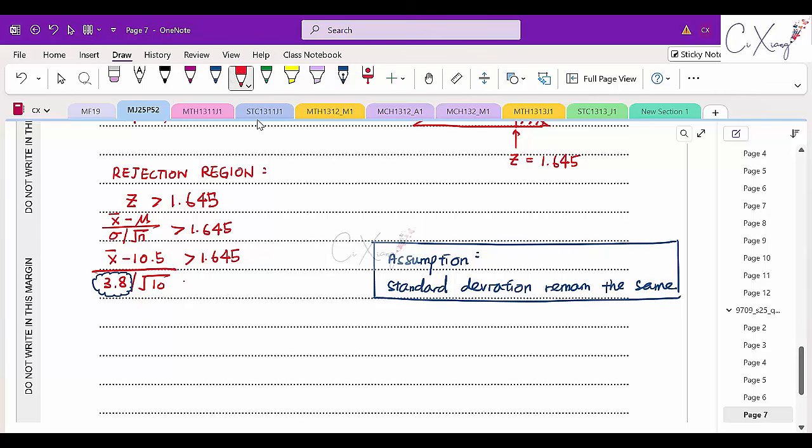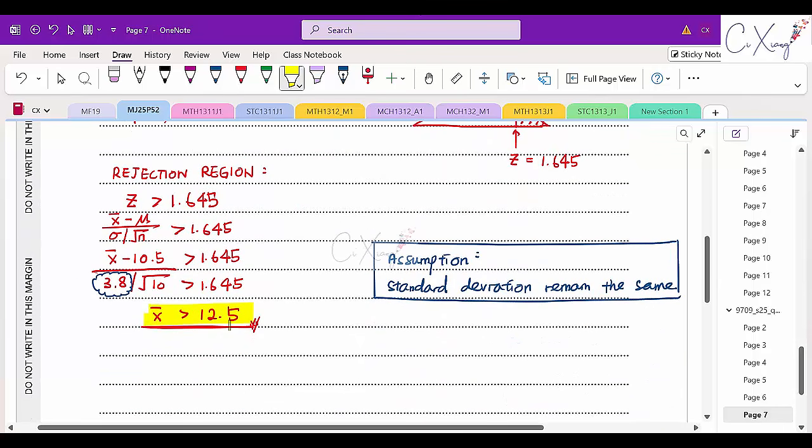Then greater than 1.645. If you move all the numbers slowly to the other side, eventually you will get the sample mean greater than 12.5. And this is basically the smallest possible value of the sample mean.